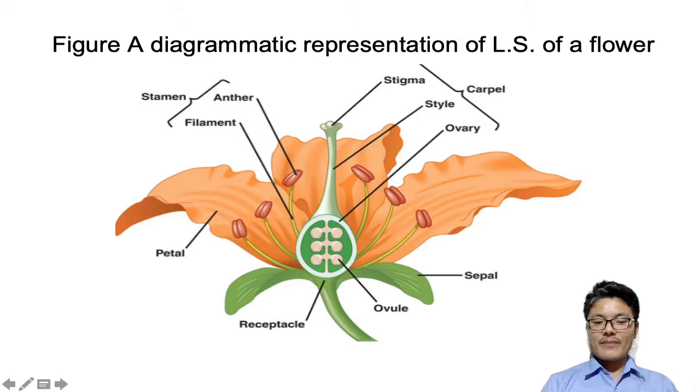Petals are of different colors in different flowers. All these structures are usually protected by a green leafy structure called the sepal. The sepal protects all these parts starting from the flower bud before blossoming of the flower, and all these structures are growing on the thalamus or receptacle.